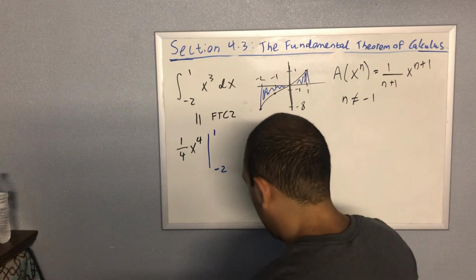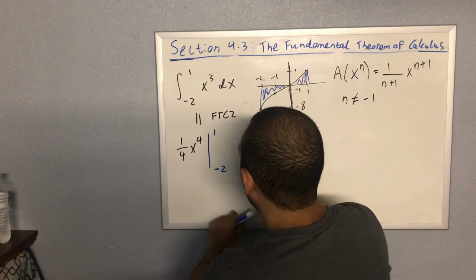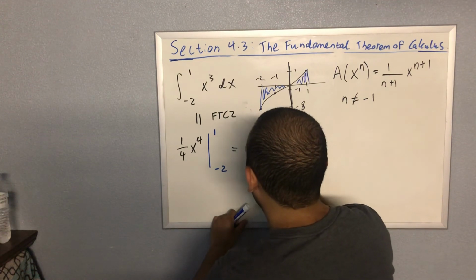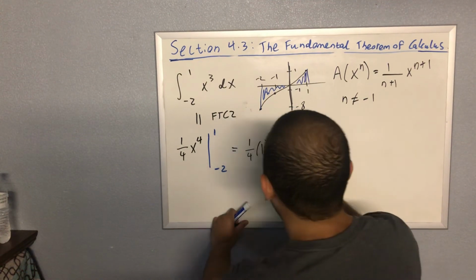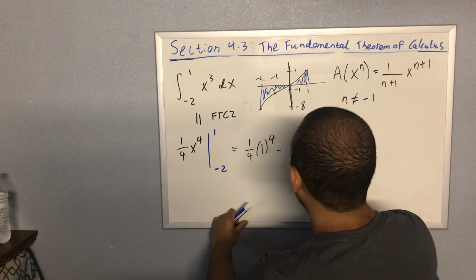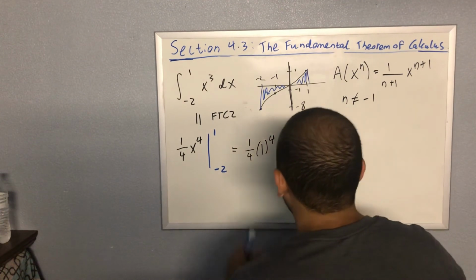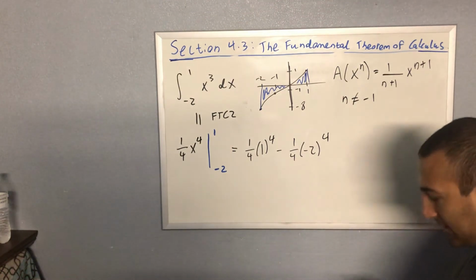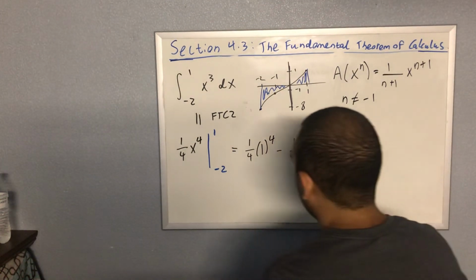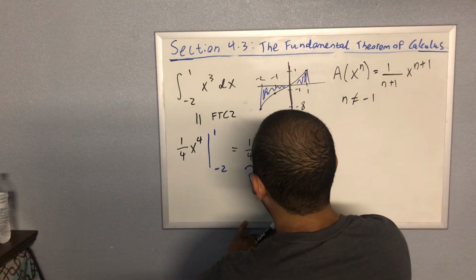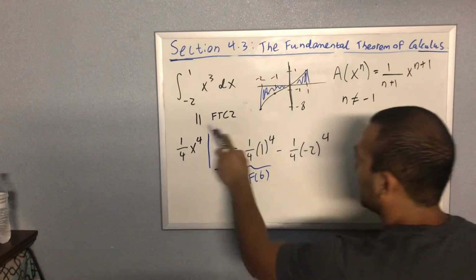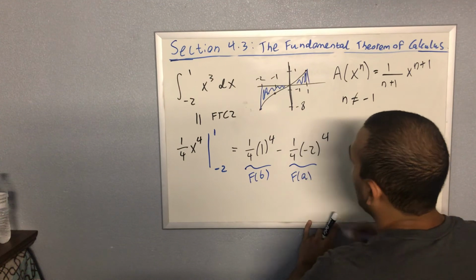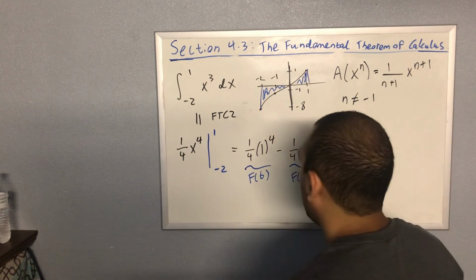So this will literally equal 1/4 times 1 to the 4th minus 1/4 times -2 to the 4th, which is exactly the form in the fundamental theorem of calculus. This is capital F of b, where b in this case is 1, minus F of a, where a is -2.